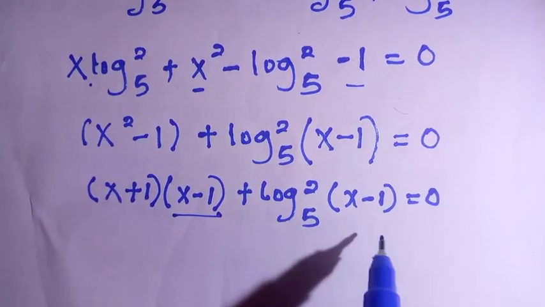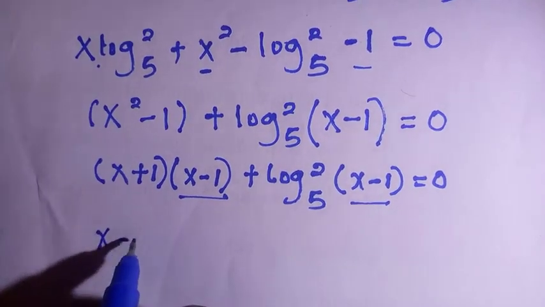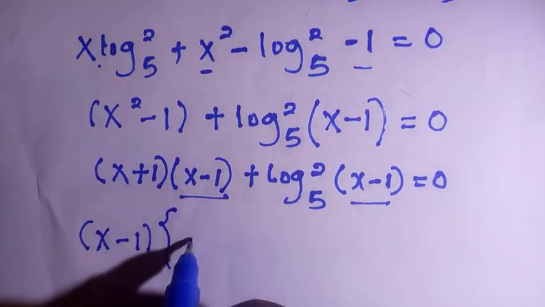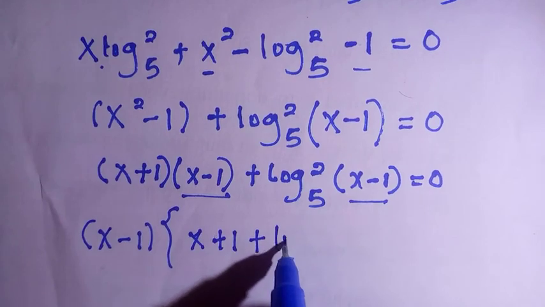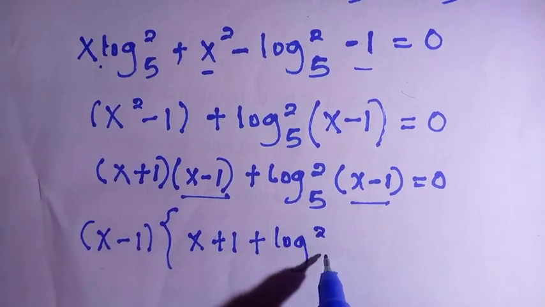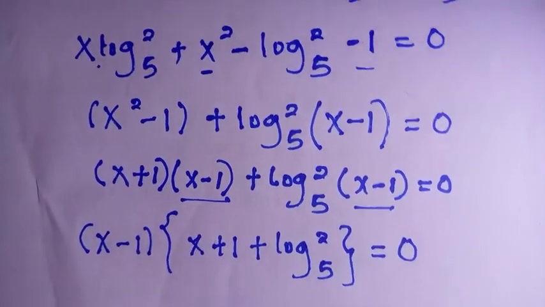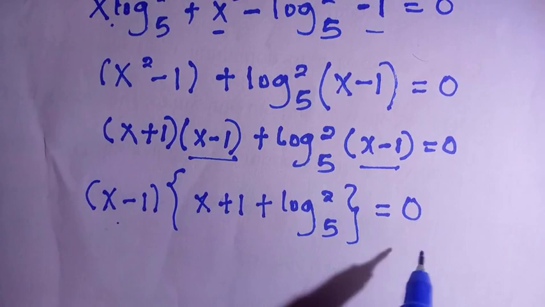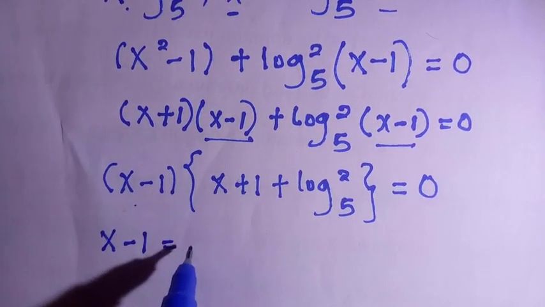So x minus 1 is common here. We take the entire x minus 1 out, then we create a larger bracket. For the first one, it remains x plus 1, while this one remains plus log 2 base 5. Everything equals 0. Then we let x minus 1 equal 0, or the entire bracket equal 0.